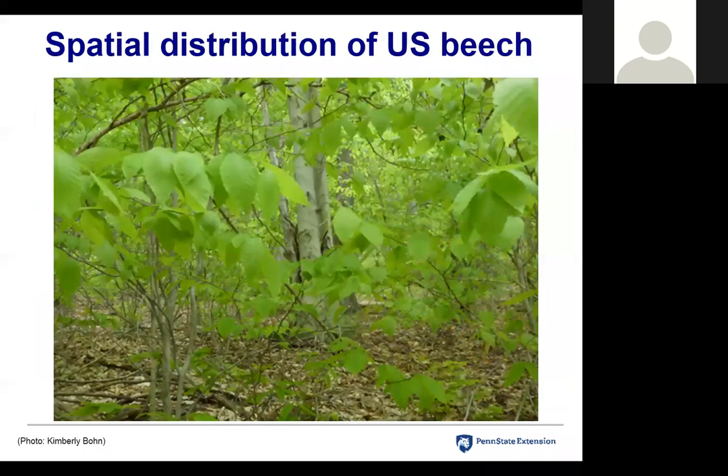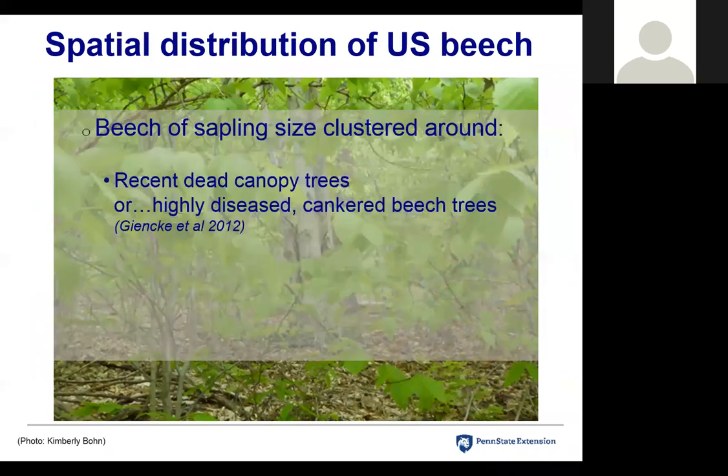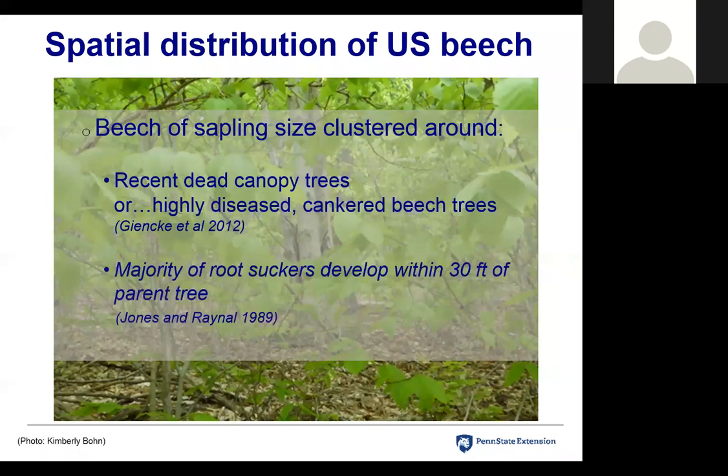In terms of spatial distribution of the beech throughout a stand in the aftermath forest, what we find is basically that beech tends to be clustered around usually the dead canopy trees or the highly diseased cankered beech trees. In fact, this is a study way back from the late 80s. Jones and Raynal found that the majority of root suckers do develop within about a 30-foot radius of parent trees.